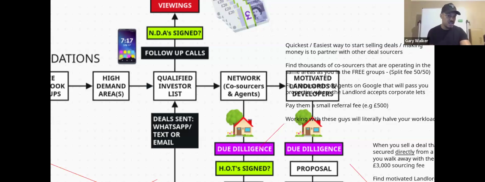If you are going to go to viewings, guys, wait until it's a viewing with an investor that's interested in the deal. Don't waste your time going to view the property prior to generating interest or prior to even securing the deal, because I can't tell you how many landlords you're going to go and meet and they'll waste your time. Once you have the conversation with them about the company let in person, there and then at that viewing, they're going to turn around and say no. Of course, there's going to be some that will be happy with it, but it's less of a blow when you have that conversation on the phone and hear the no, rather than driving right across the country to hear no. It just doesn't make sense, right?